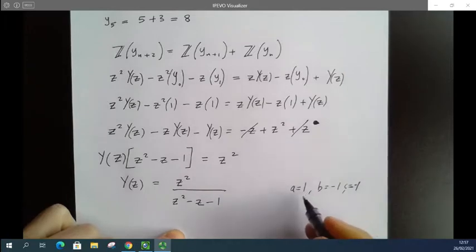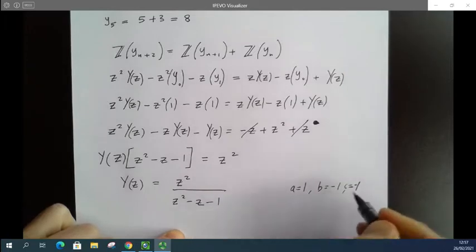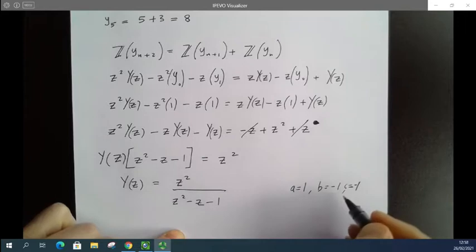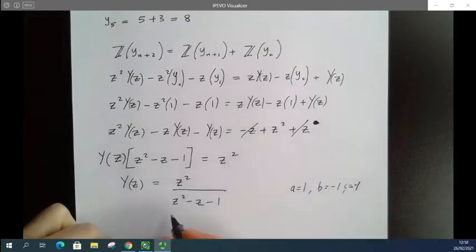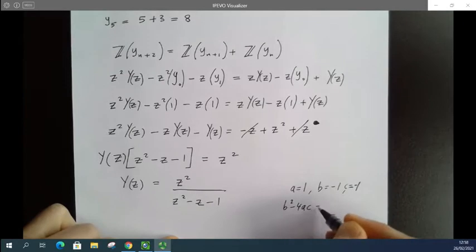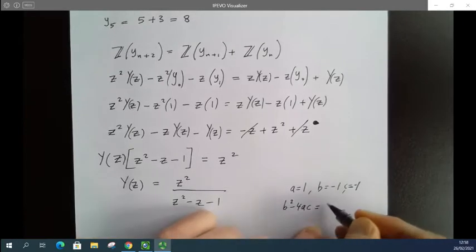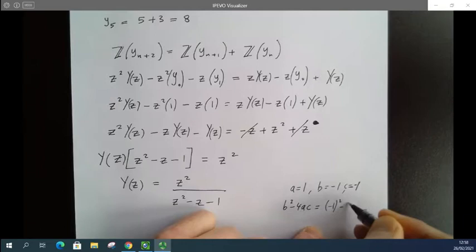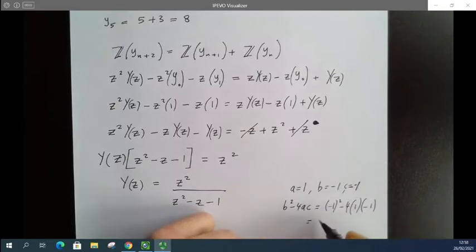You calculate b squared minus 4ac, and you work out what that is. So that's going to be -1 squared minus 4 by 1 by -1. -1 squared is 1. Minus 4 by -1 is plus 4, which gives me 5.